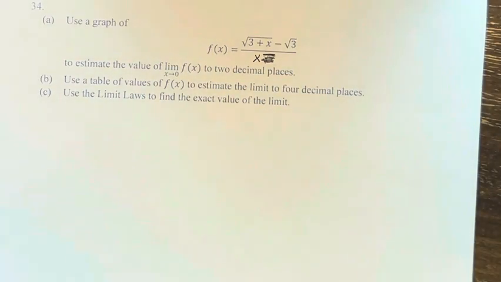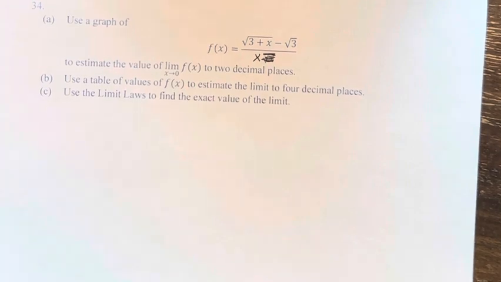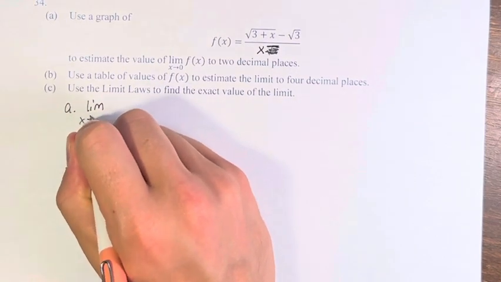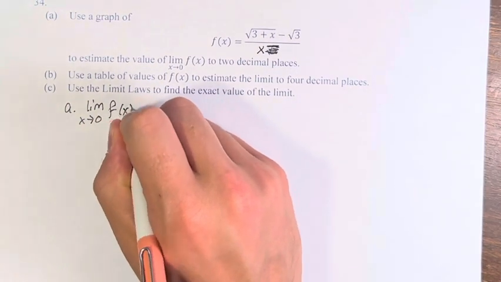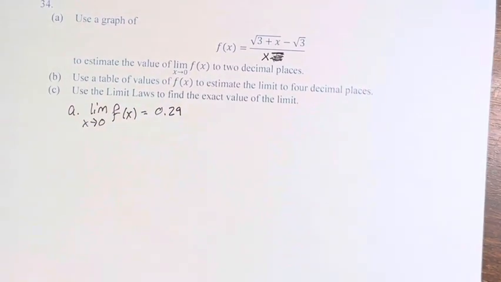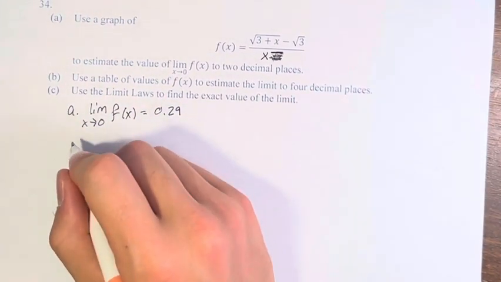So if that's to 2 decimal places, then that's 0.29. So therefore, we say the limit as x approaches 0 of f of x is equal to 0.29. And of course, that's just an approximation, but that's okay.